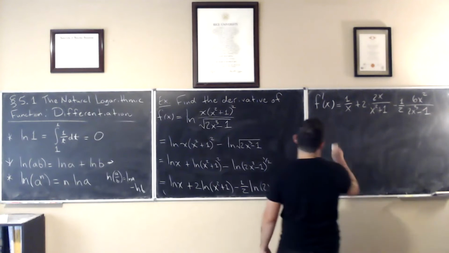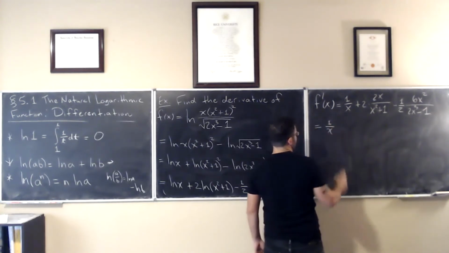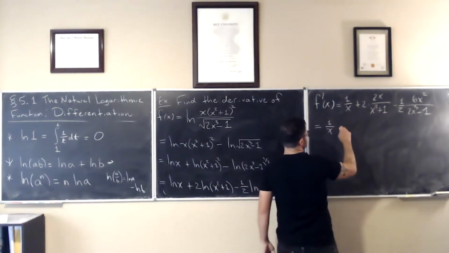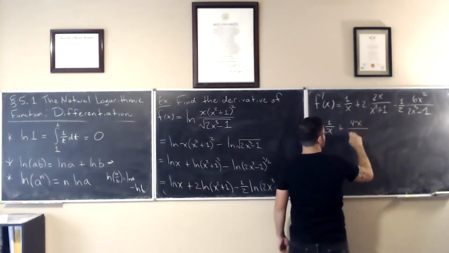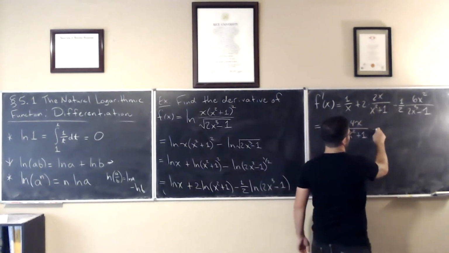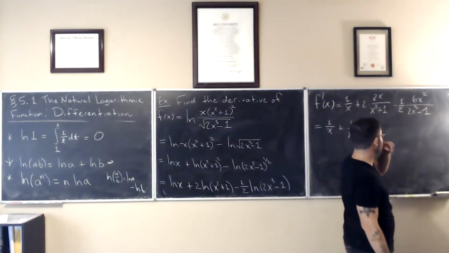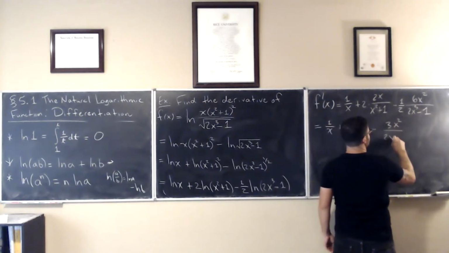Okay, so if I simplify this out, it'll be 4x there, minus, that half can divide out the 6 and make it a 3, so 3x squared all over 2x cubed minus 1.